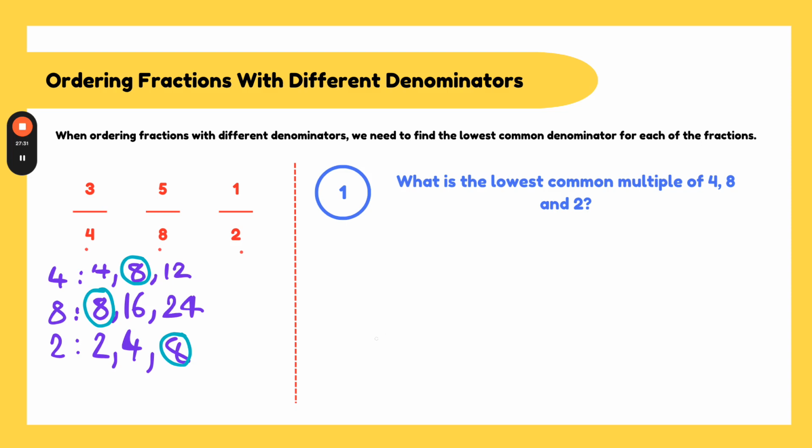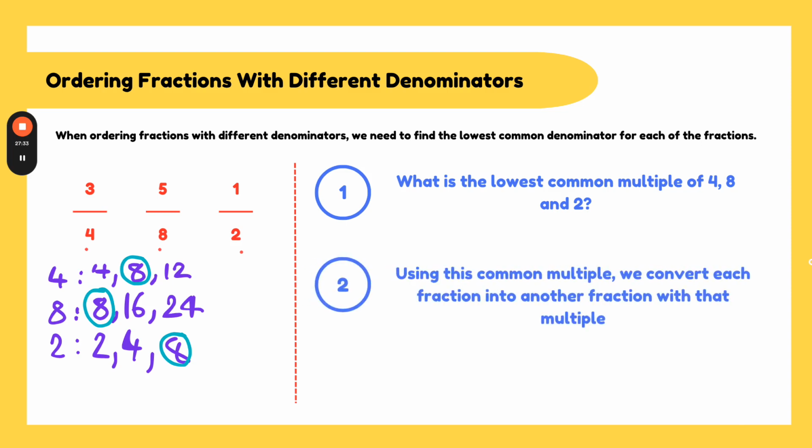So now we have our lowest common multiple, or LCM, of 8. We convert each fraction into another fraction with that multiple. So which is where what we done in the last lesson, equivalent fractions, will come in.